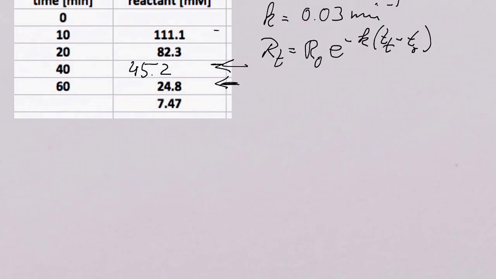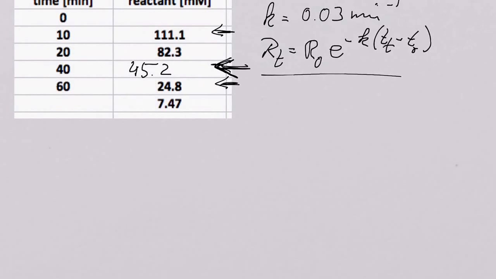Or I can treat this as my R0 and treat this one here as my RT. Whichever way, as long as it's the right way, I don't care. So let's treat it like, from this one here, and set up the table.